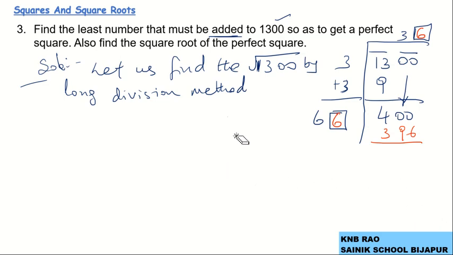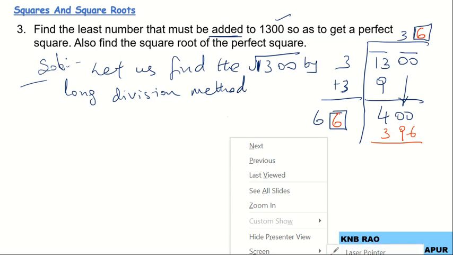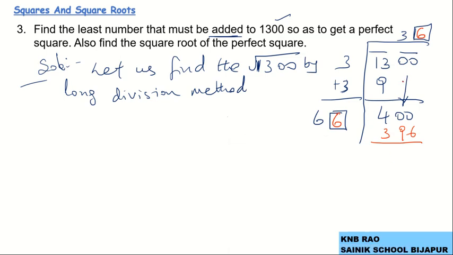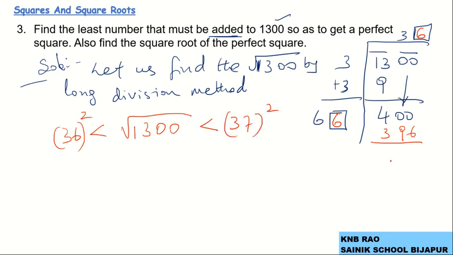So, I have the square root of 1300 being more than 36 square and less than 37 square.